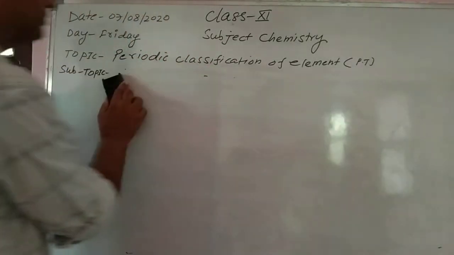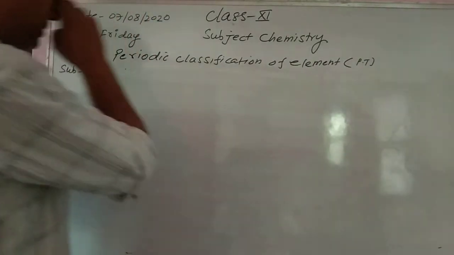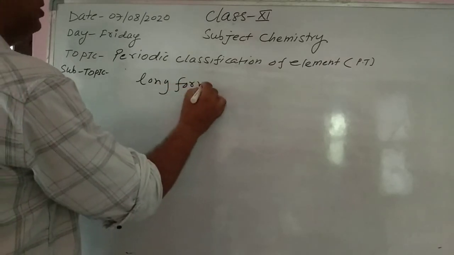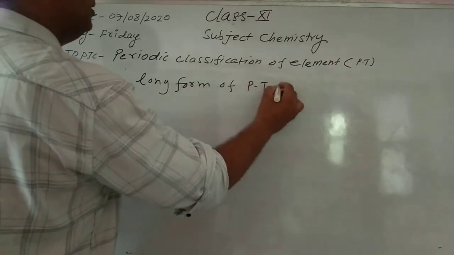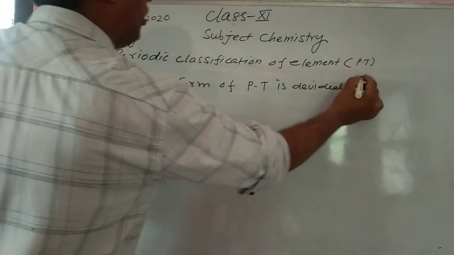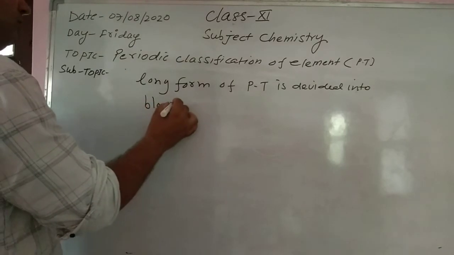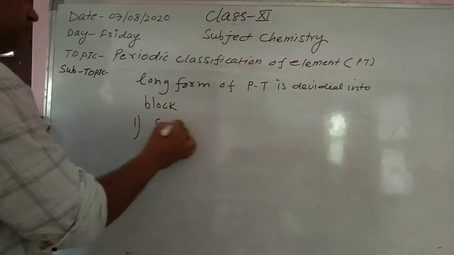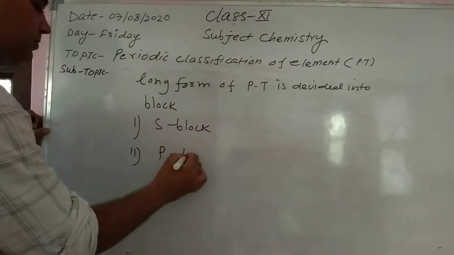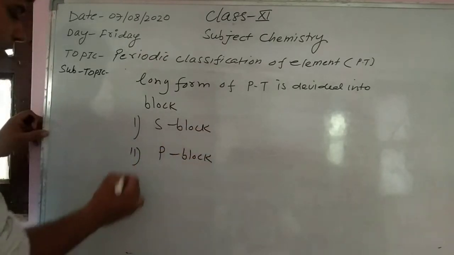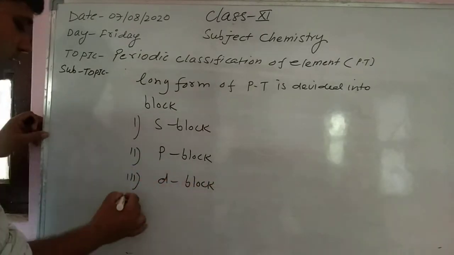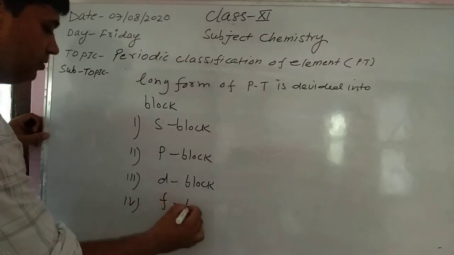Next important point. The long form of the periodic table is divided into blocks. The first one is the S block, the second one is the P block, the third one is the D block, and the last one is the F block.